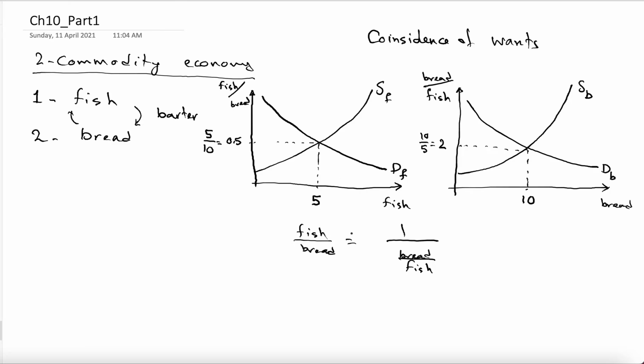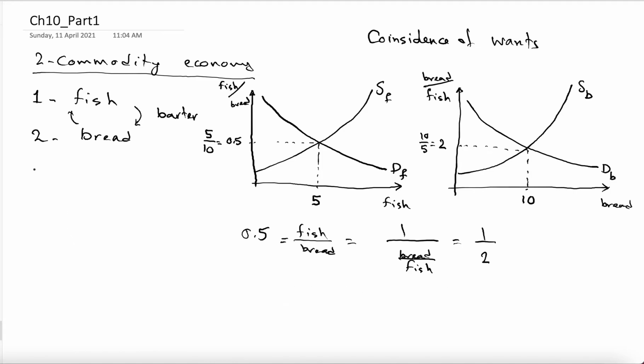The price is determined depending on which one is more available, whether the bread or the fish, and that is going to be valued in a reciprocal manner. So here we have a half, and here we have 1 over 2. It's exactly matching. And in this economy it doesn't matter whether you consider fish as the medium of exchange or bread. Their relative values are going to be considered.